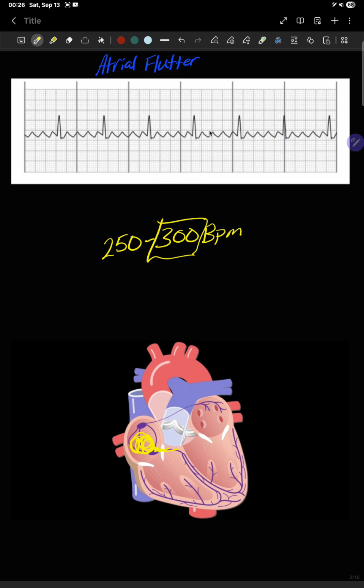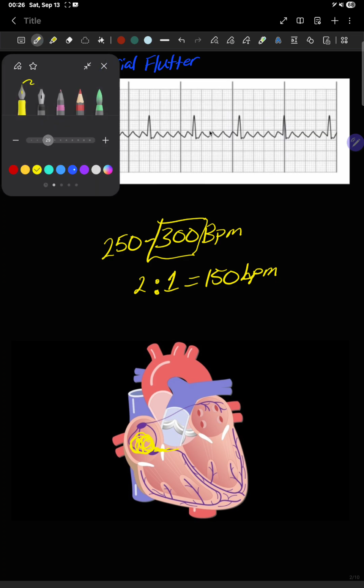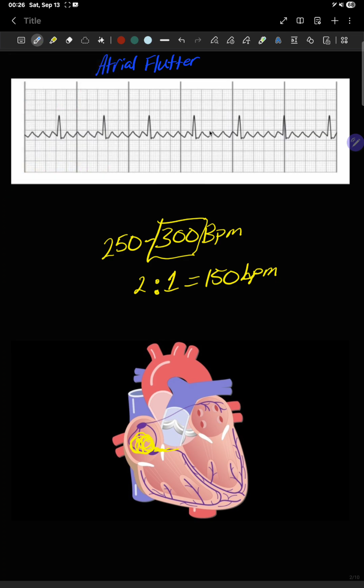Now, a ratio, like I was talking about: if I let in 2 beats for every 1 ventricle, my rate would be 150 beats per minute. Now, that seems a little confusing, so I'll show this EKG as an example.